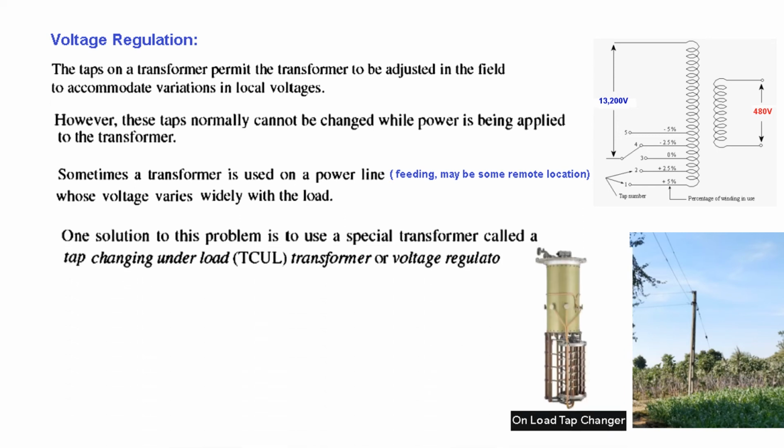One solution to this problem is to use a special transformer called a tap changing under load (TCUL) transformer, or voltage regulator. This is an arrangement where you can change the tap even while live. So when, let's say, a motor is turned on and the voltage has gone down, it will be adjusted from here at the primary, and so the voltage will come to its nominal value.